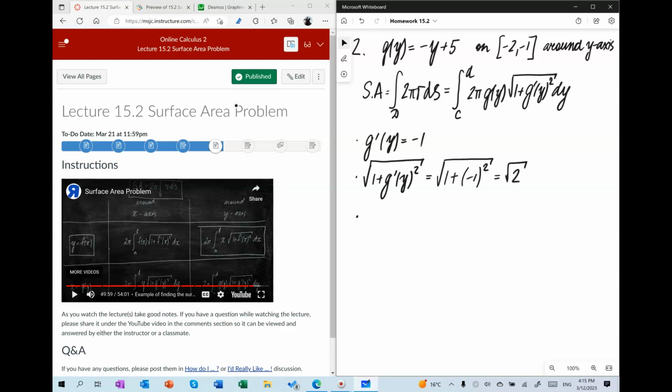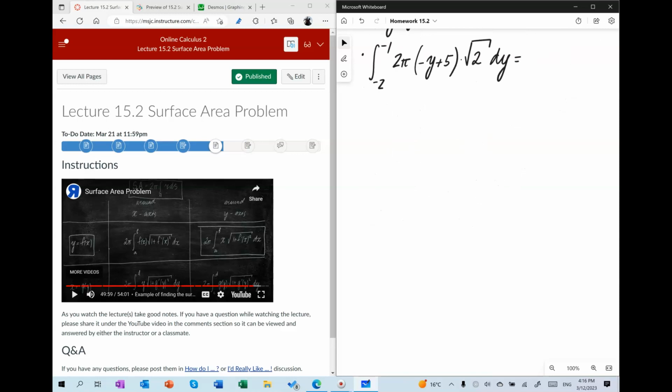So we should be getting something very simple, because we have a formula for the surface area of a frustum. So we shouldn't expect anything complicated. Now we're setting up this integral as the integral from -2 to -1 of 2 pi times (-y plus 5) times the square root of 2 dy.